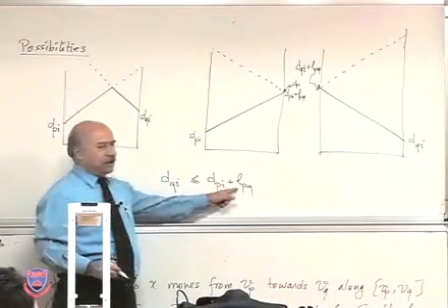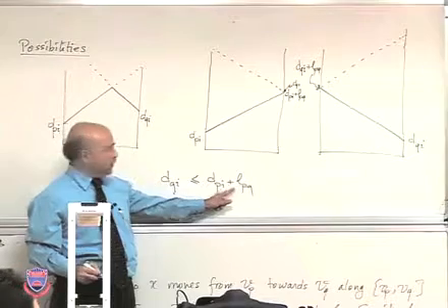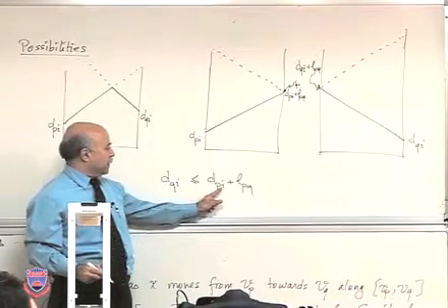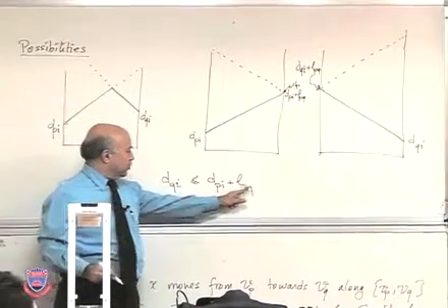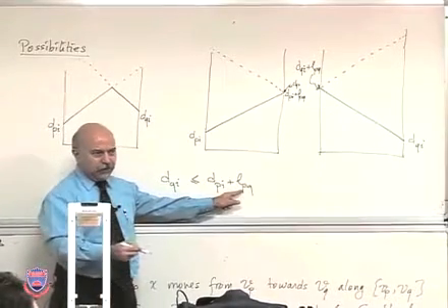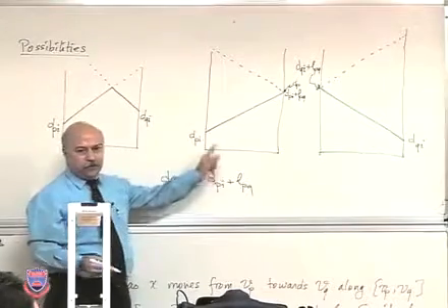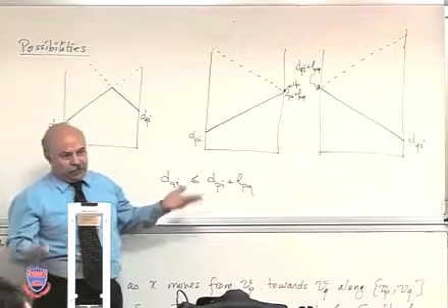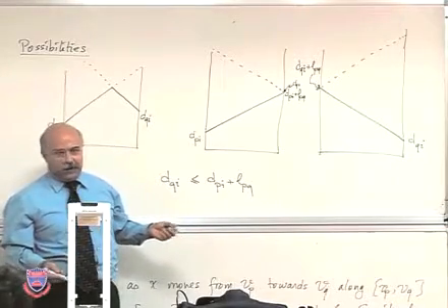Because this one is the length of some path. What path is it? This is the length of the path that goes from Q to P first along the arc, and then from P to i. That's a path. Is it a shortest path? It could or could not be. May or may not be.